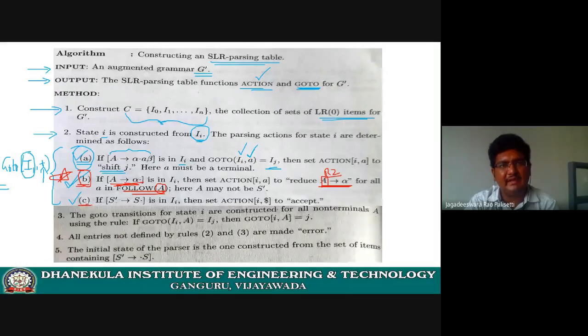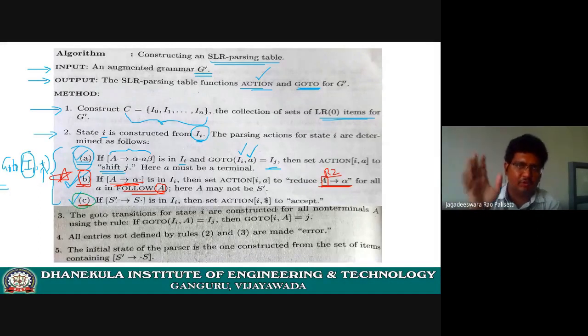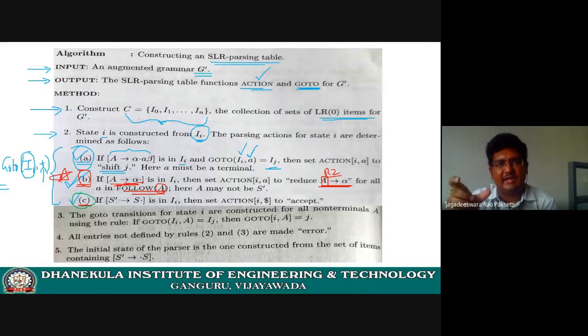What is this C bit saying? The C point will indicate the accept state. How do you consider an accept state? A particular state will not produce any new state, and within that state there should be our augmented production, the one that contains the start symbol capital S. Obviously, that state we consider as the accepted state.